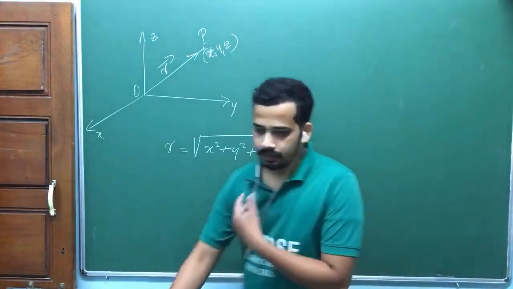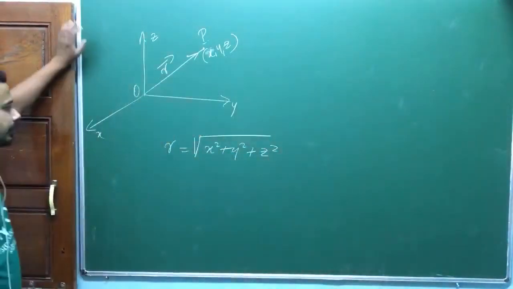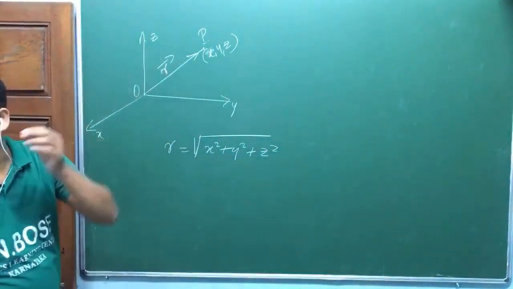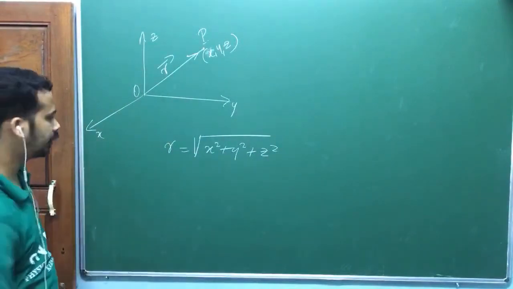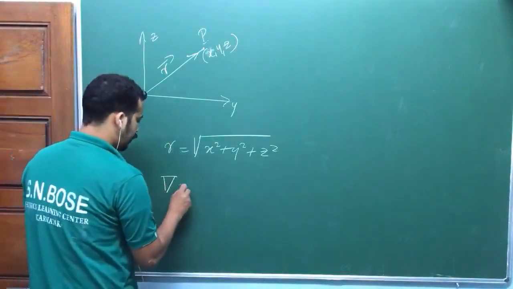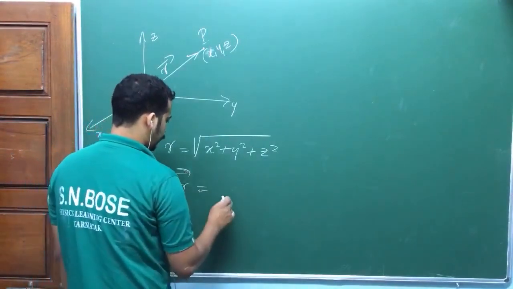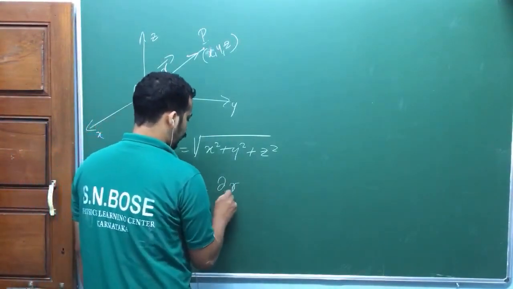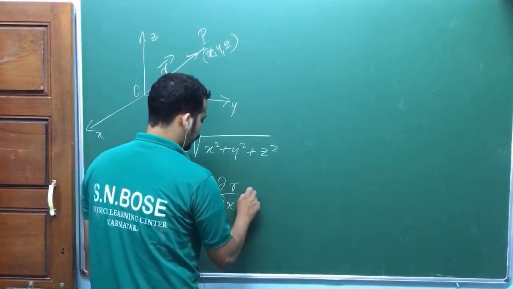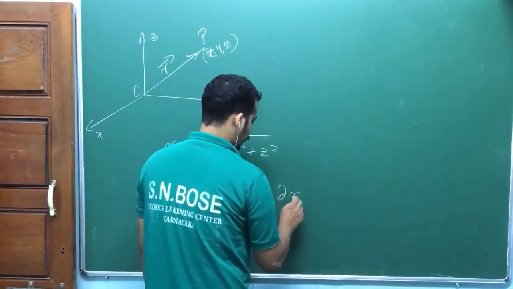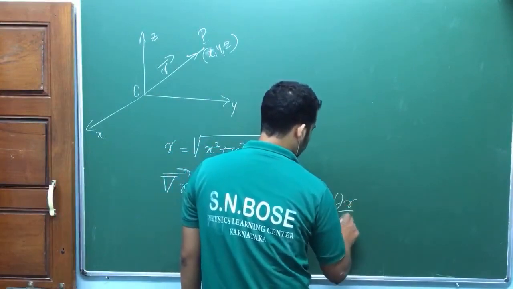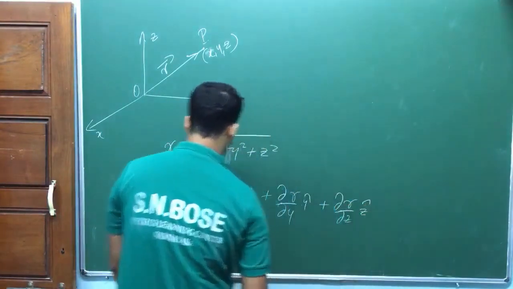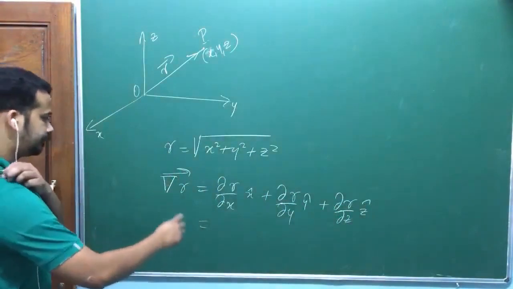Now come to this question. Distance from the origin, okay? This is the distance from the origin. Now we shall take the gradient of this one. Gradient of r: how do you write? Dou r by dou x into x cap, dou r by dou y into y cap, dou r by dou z into z cap. What is dou r by dou x?